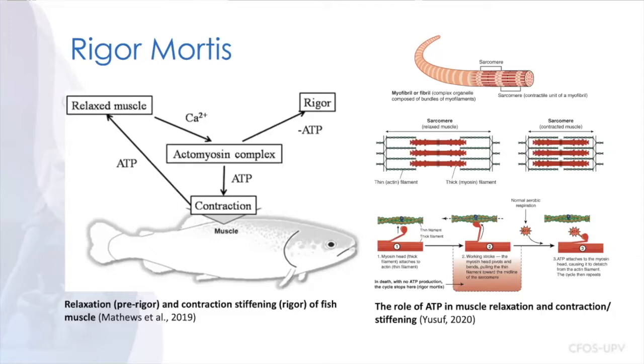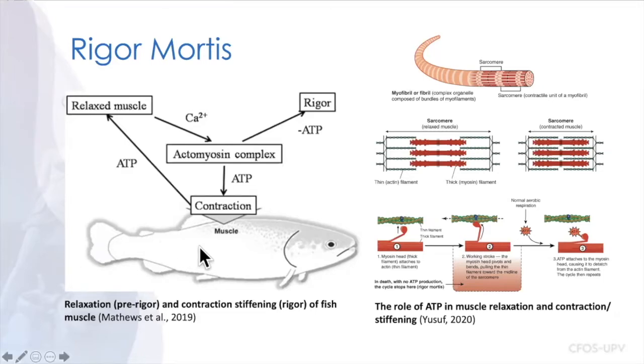There will be a lot of ATP that will cause the continuation of the normal processes in the fish muscle. So during that stage, the tissue will now shift to anaerobic glycolysis, and that glycolysis would result in the production or accumulation of lactic acid, which will make the fish muscle acidic.